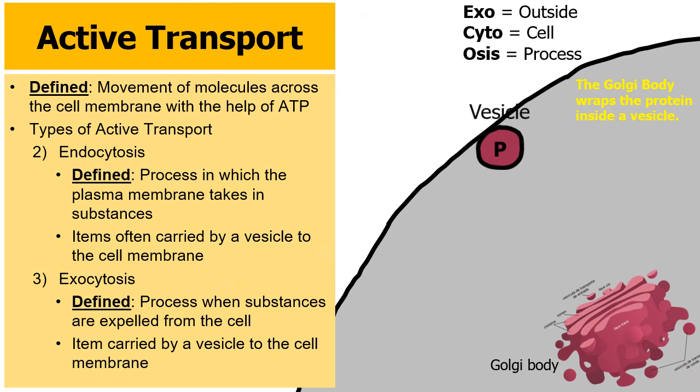Because the cell membrane and the vesicle are both phospholipid bilayers, the vesicle fuses with the cell membrane. Notice the vesicle is being absorbed into the cell membrane, and eventually the protein is released to the outside. This is a good example of exocytosis.